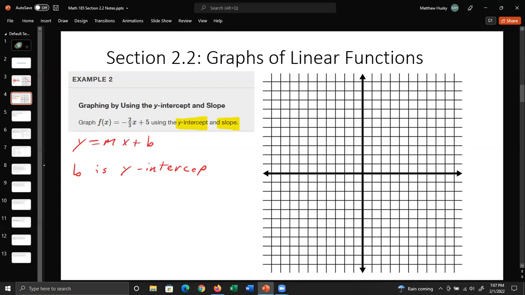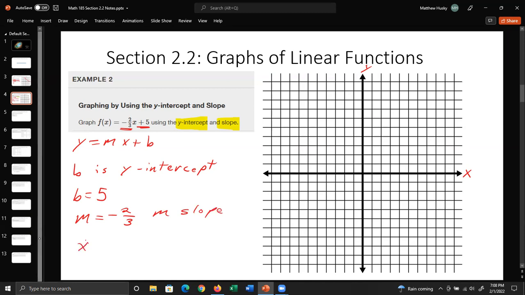That's where you're going to start on the y-axis, which is the one that goes up and down. The x-axis goes side to side. In this problem, b is the value 5. And meanwhile, we've got negative 2/3 here. m is going to equal negative 2/3 because m is the slope.